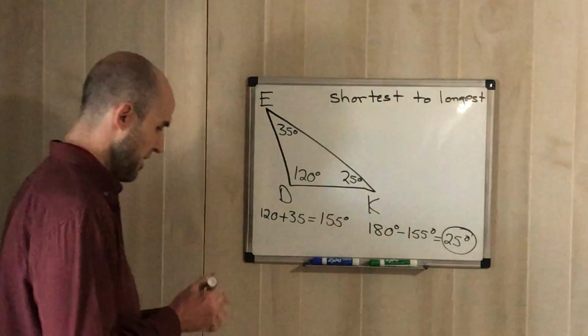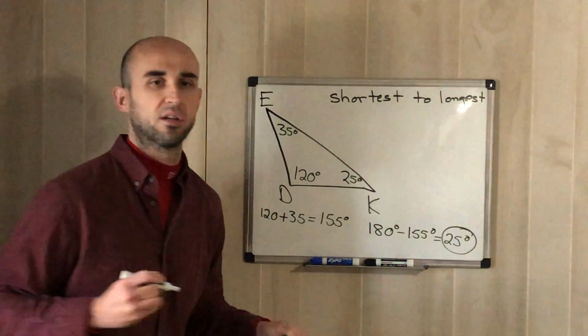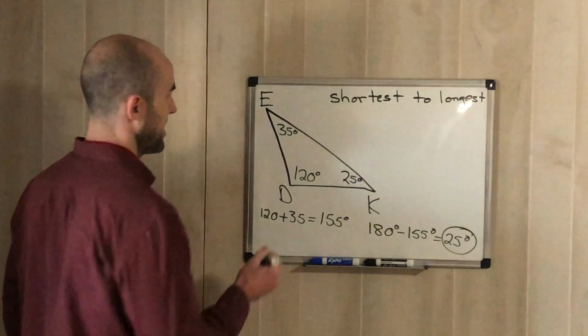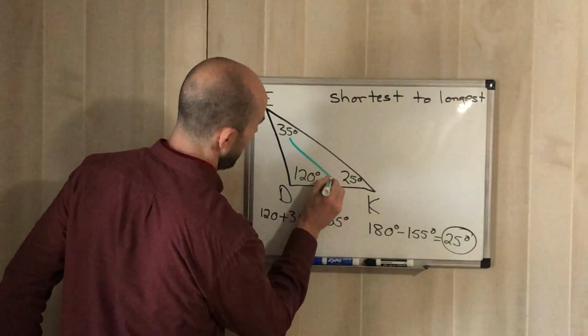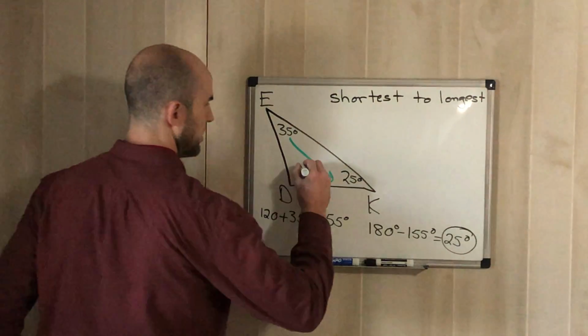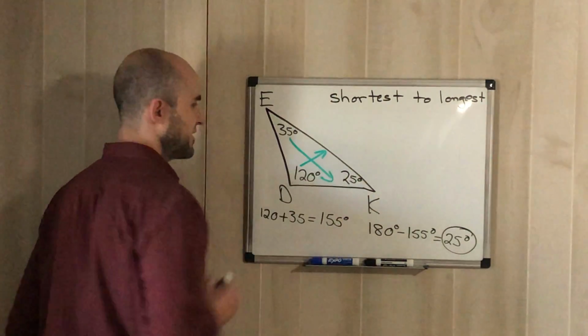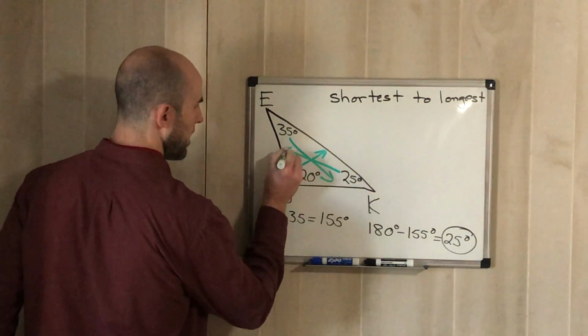Means it's right? Because now that we know all of our angles, now comes the part where we start seeing what angles correspond to what sides. Again, the top angle opens up to the bottom side, right? The left angle opens up to the right side, and then the right angle opens up to the left side.